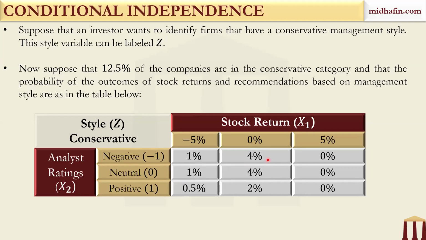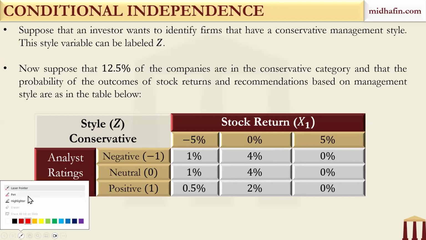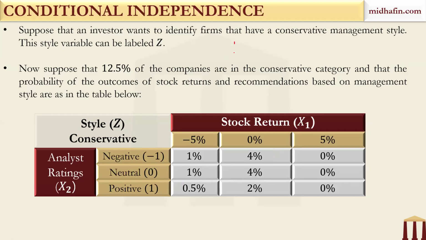But now you want your 12.5% to become 100%, your new universe. Remember the same thing that we did in the conditional probability visualization. So to change 12.5% to 100%, what do you do? You multiply by 8.